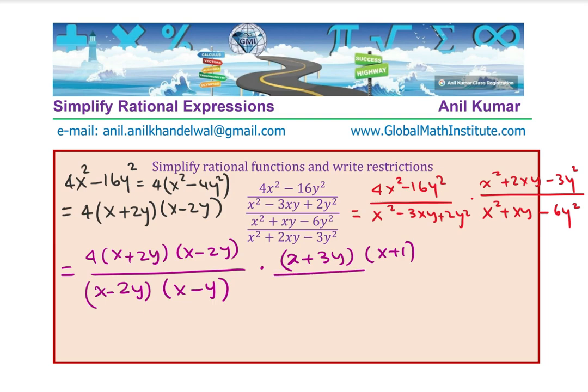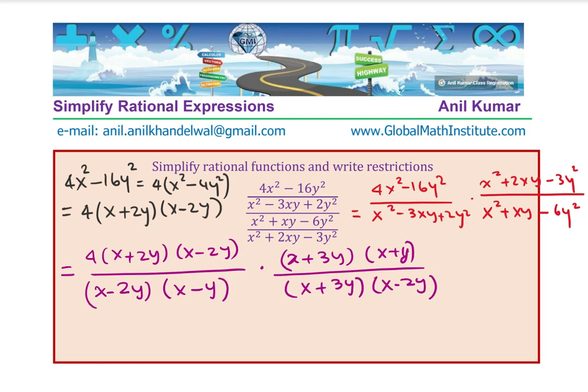And the denominator in this case will be, here we have minus 6y squared, 3 times 2, right? So it could be 3 times 2. So x plus 3y, and 2 will be negative. This is y, sorry. Minus 2y, correct? So these are your factors.